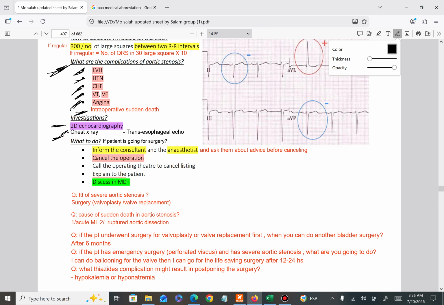So these are the two investigations. What to do if the patient is going for surgery? We would inform the consultant and anesthesiologist and ask them for advice before cancelling. Then cancel the operation if the patient is symptomatic. Call the operating theater to cancel the listing, explain to the patient and discuss in the multidisciplinary team.